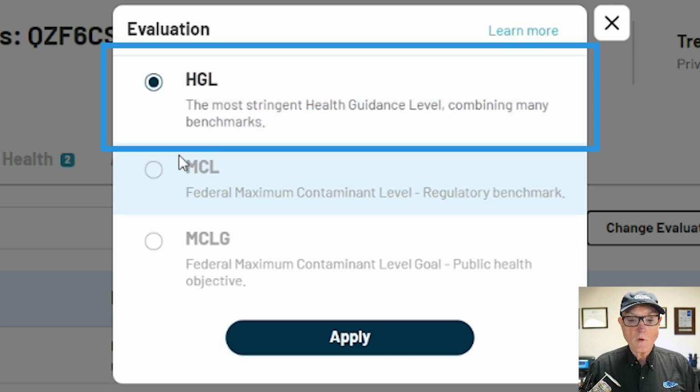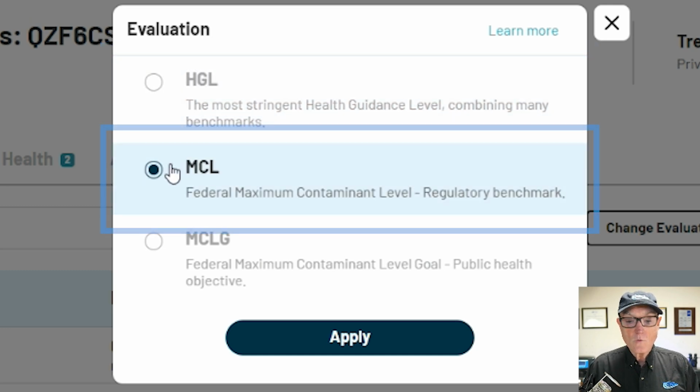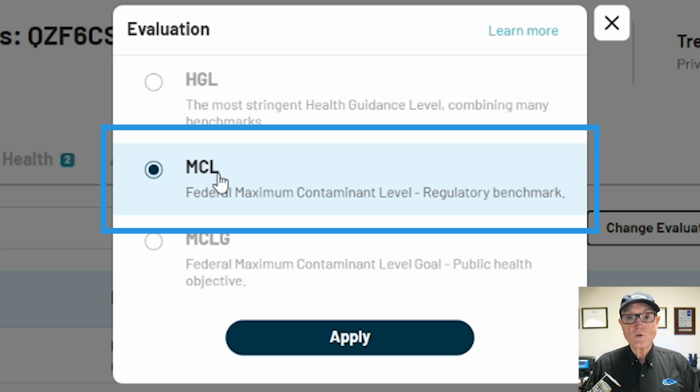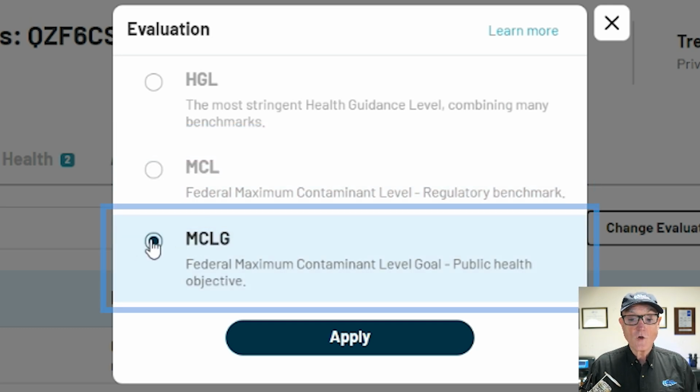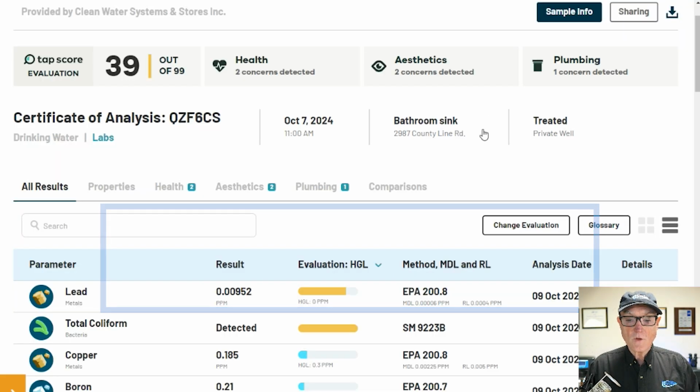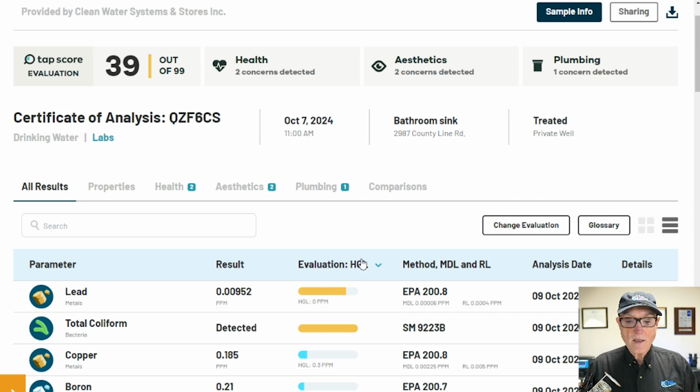But you can also sort by the MCL, which is the maximum contaminant level that's required that your utility, say you're on city water, must have the water below. And then there's another very important one called the maximum contaminant level goal, which is their goal. They're going to get to that at some point. So let's just start with the health guidance level.